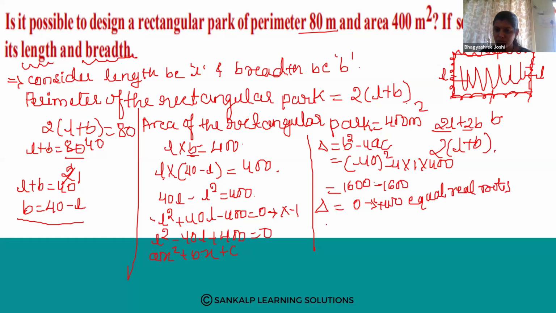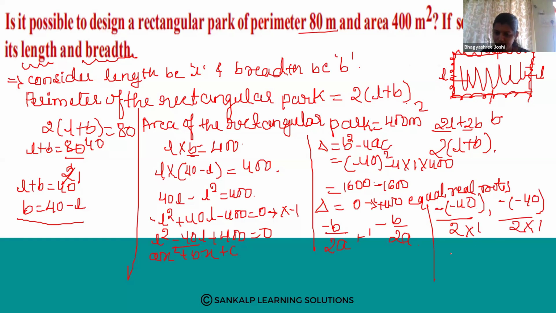So how can you find out the roots? We know when delta is equal to 0, then it has two roots, that is minus b divided by 2a and minus b divided by 2a. Now minus b value is 40 here, since b value is minus 40. So minus of minus 40 divided by 2 into a value is 1.